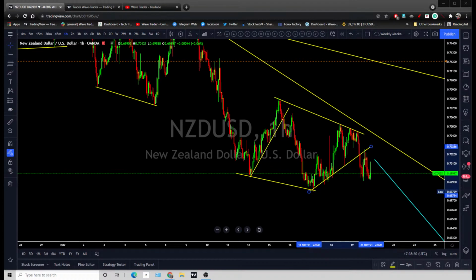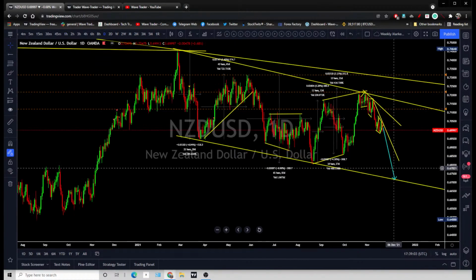It can drop quickly to the downside rather than a slow drop. Hopefully you understand that we are about to reach the floor. Okay, that's the target, and that's the target for the best case scenario. Short-term target is going to be over there on the flat formation, like I have just shown you.